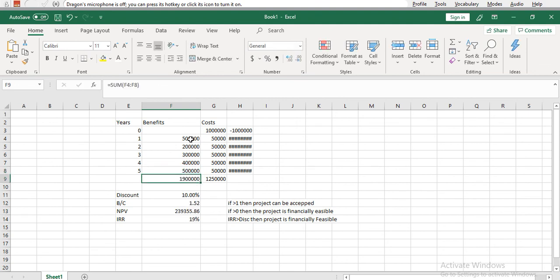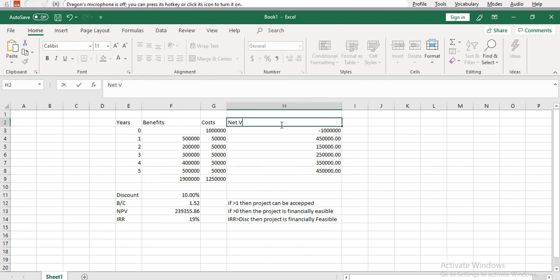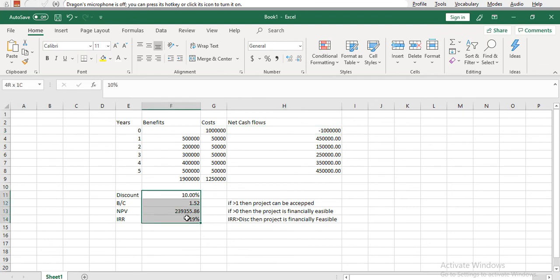Now you can see that based on the investment you made, the kind of returns the organization gets every year will change. So this is all about cost benefit analysis and the kind of values we create out of it, and based on factors like B by C ratio, net present value, and internal rate of return, how we decide about the financial feasibility of a project is explained clearly.